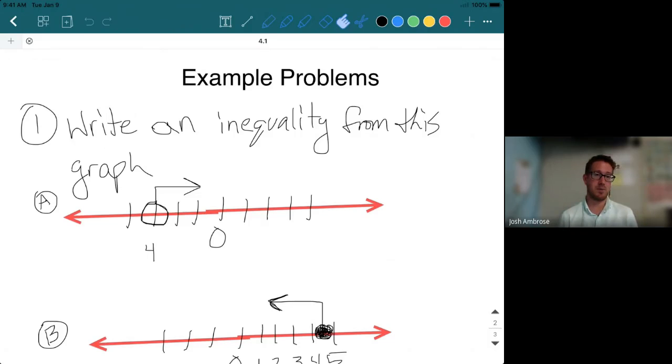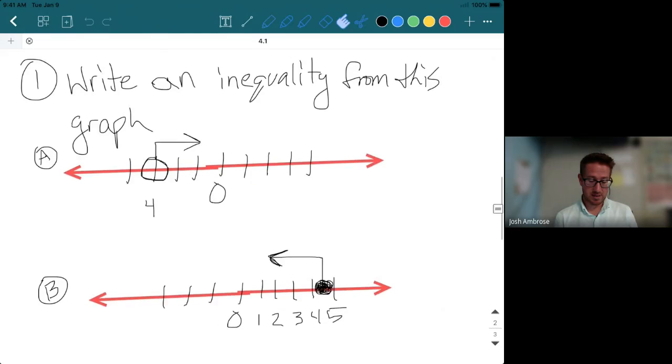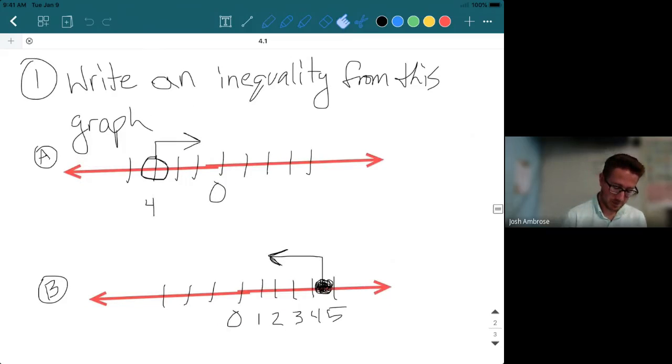Here we go. First example problem: write an inequality from the graph. Now I give you the graph, but you have to give me the inequality that could represent that graph. We're going to start by writing an x. We see that we are using the number 4, but I noticed a quick mistake.